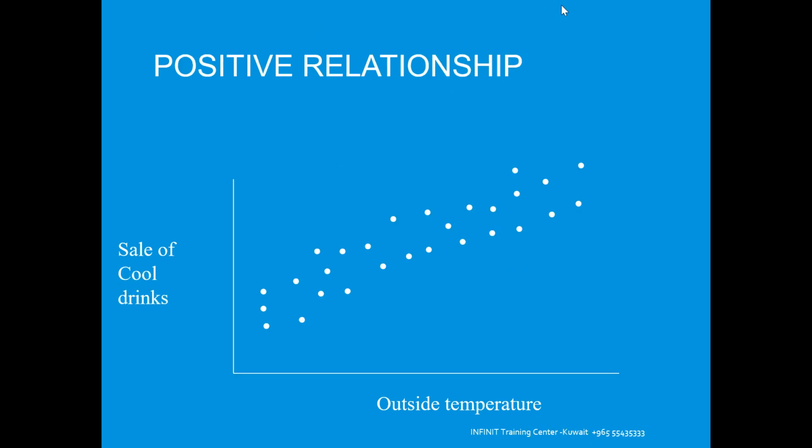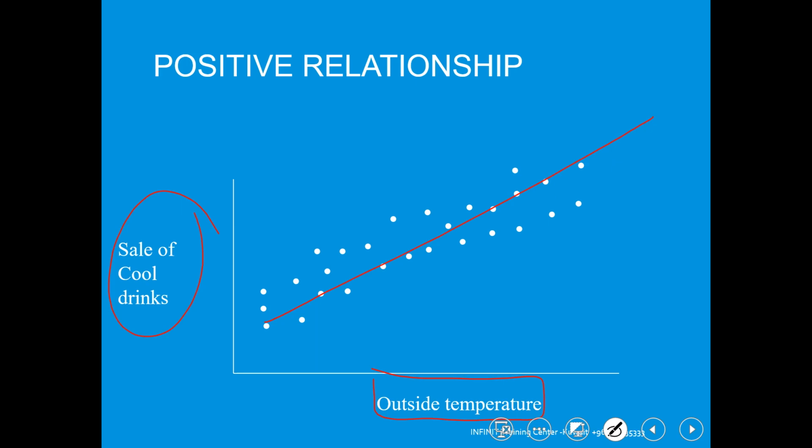In the next slide, we will see there is a relationship here. Again, outside temperature and sale of cool drinks. There is a relationship, but it is not denoted by a single line, right? So there are values deviating from the line that you can draw between these dots.